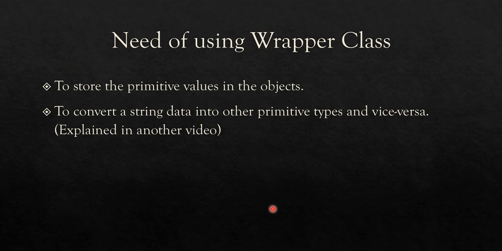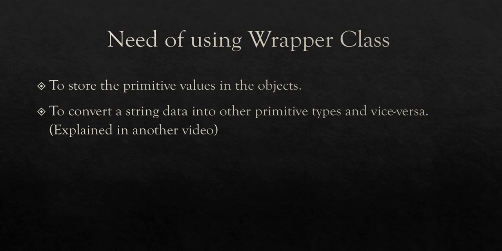The wrapper class is also used to convert string data into other primitive types and vice versa, as we discussed previously. If you want to convert a string into an integer, or an integer into a string, or any other primitive data type, it can be converted using the wrapper class methods, which will be explained in another video.